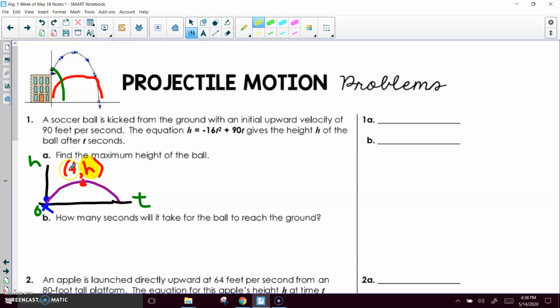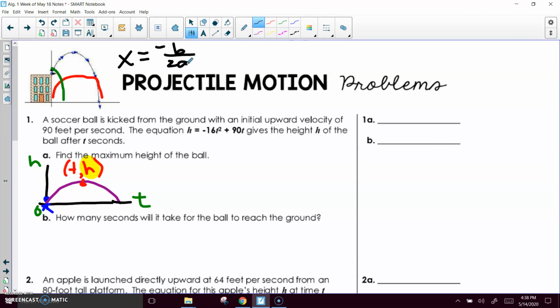Okay, so let's think how we're going to find that vertex. We're going to calculate this algebraically, and we're going to use our calculator, thinking back to what we learned earlier in the year. To find the vertex, we actually find the x value first, and our equation that we used was x equals the opposite of b over 2a.